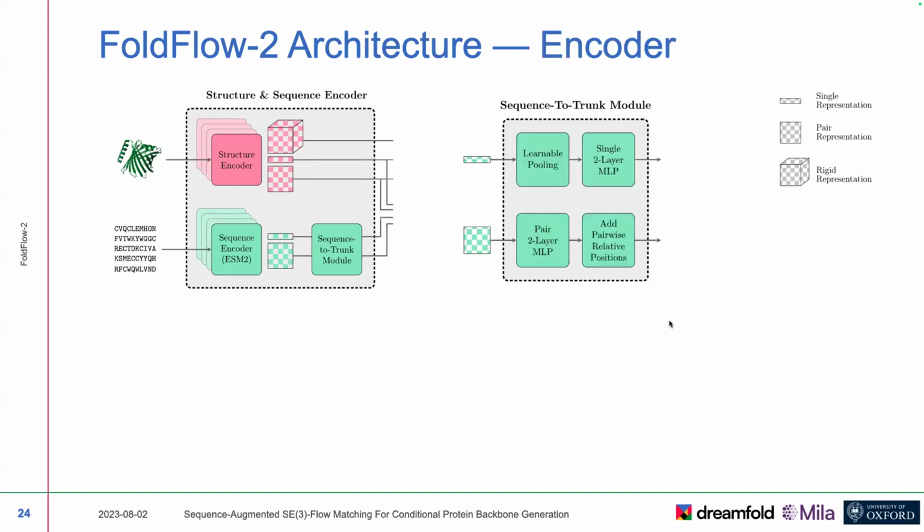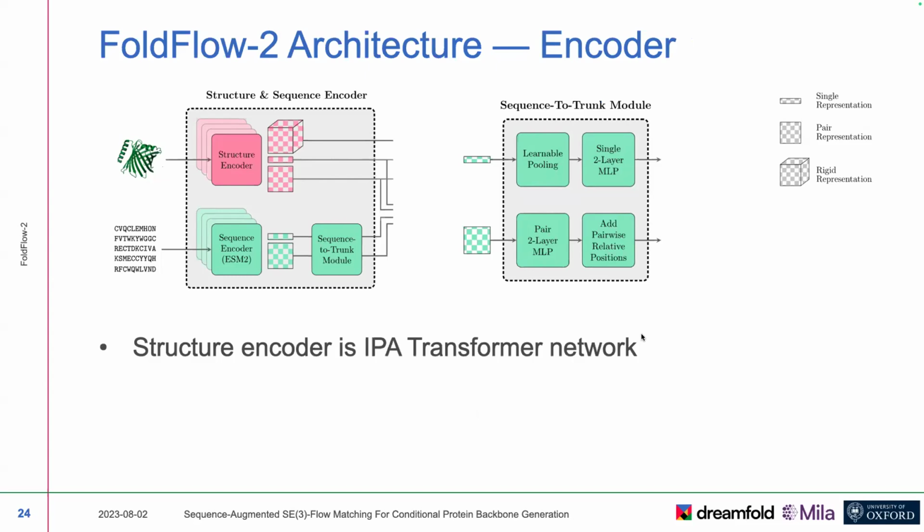So for the encoder, we have two different modules that encode the modalities separately. The structure encoder is an IPA transformer network. This is the same architecture that was used in FoldFlow-1, used in FrameFlow. I think it was also used in FrameDiff.